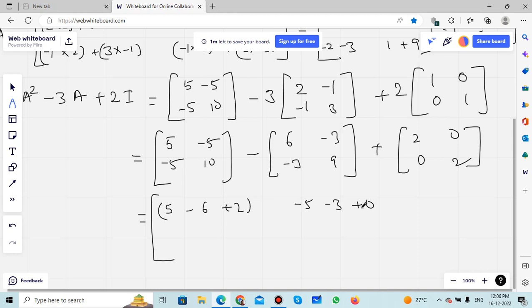Okay, we made a mistake. So always put the bracket. That is always important for you. That's the reason this was not correct. See, we'll write it in brackets always. So the first one is 5 in bracket and minus 6 in bracket, because this is minus, I put minus here, and this is plus, I will put plus, and 2 here in bracket.